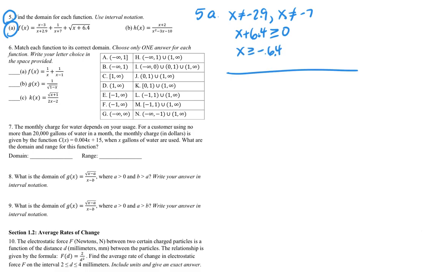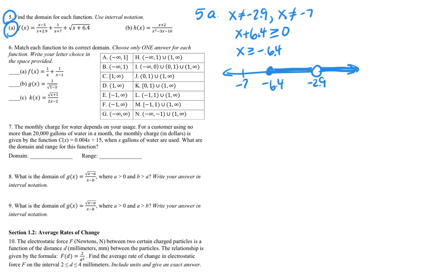Let's put these values on a number line. Negative 7 is over here, negative 6.4 is here, and negative 2.9 is here. I know that x needs to be greater than or equal to negative 6.4, so that's going to be shading this direction. I also need to throw out negative 2.9, so I make a hole there.